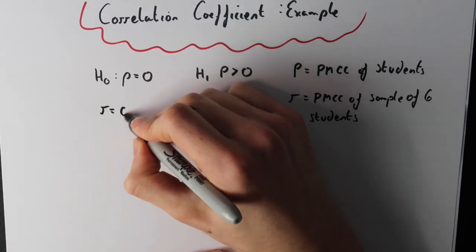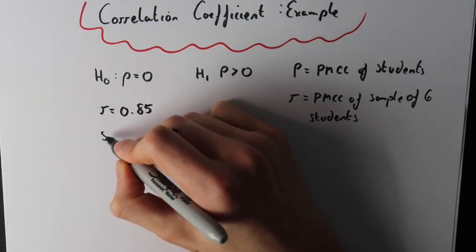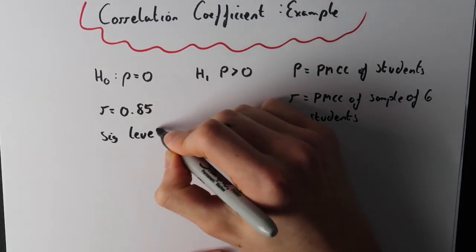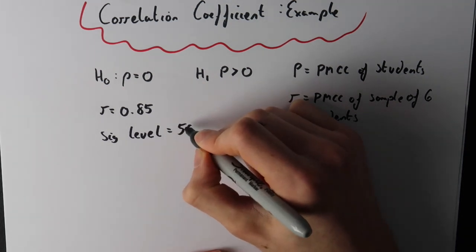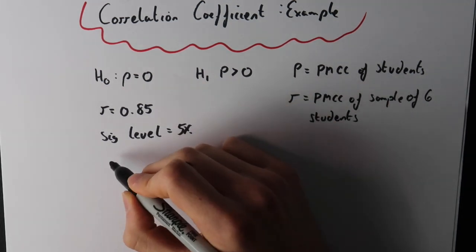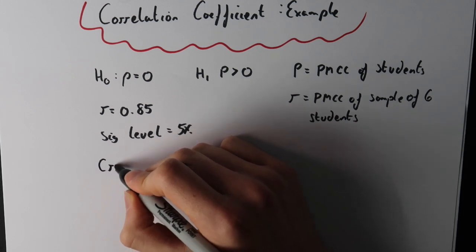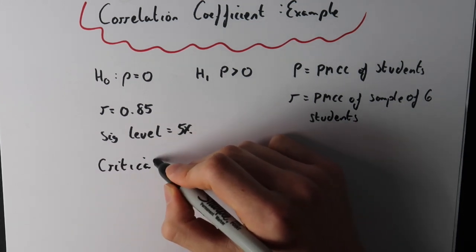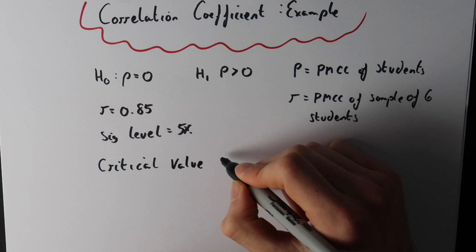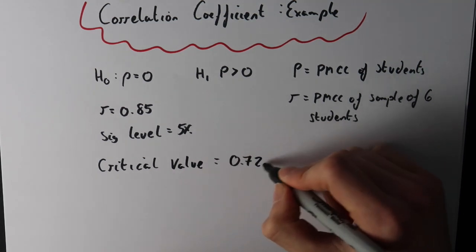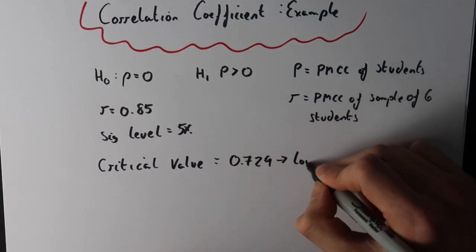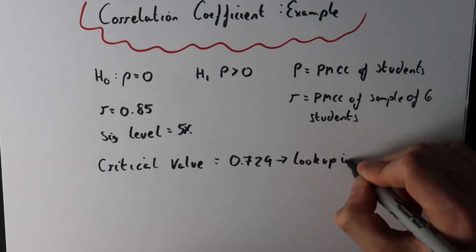So rho equals the PMCC of the students, and r equals the PMCC of this particular sample. So r equals 0.85, and the significance level is 5%. And we have 6 trials. So we look up in the tables provided what the critical value is.